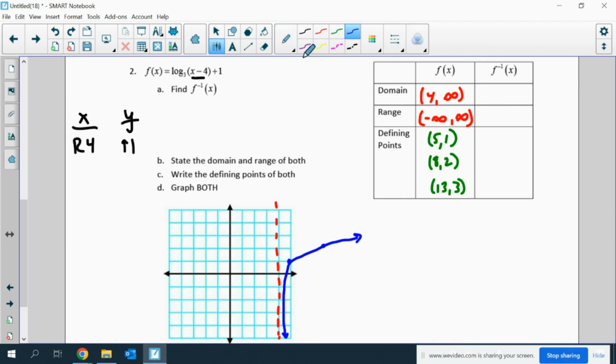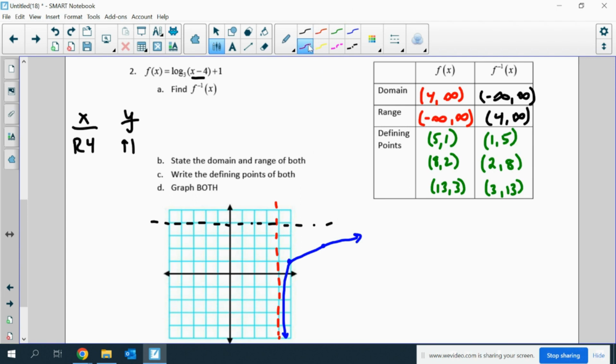Now, to find f inverse, I know that all of my points are going to flip. And I also know that my domain and range are going to flip. So I'm going to have a horizontal asymptote at y equals 4.